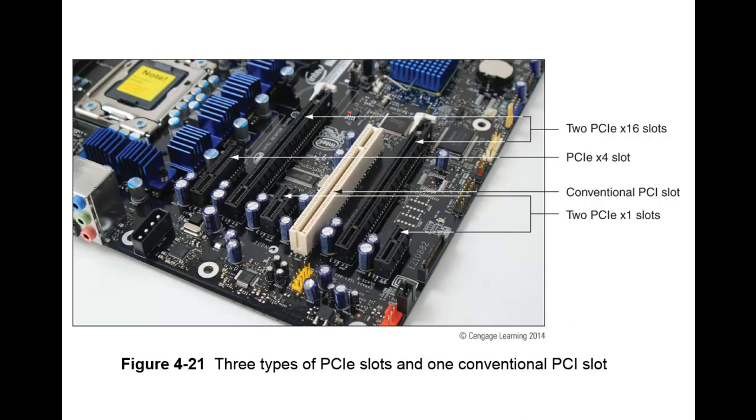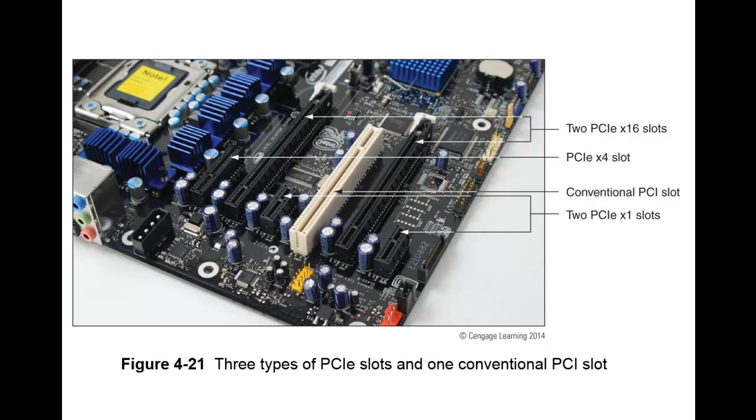Now the PCI expansion slot can provide 1 or more of these serial lanes that I was just talking about. PCIe or PCI Express slots are not backwards compatible with PCI or PCIe, as you can clearly see here on this motherboard. These are expected to replace those PCI and PCI-X because they're just not really used much anymore.